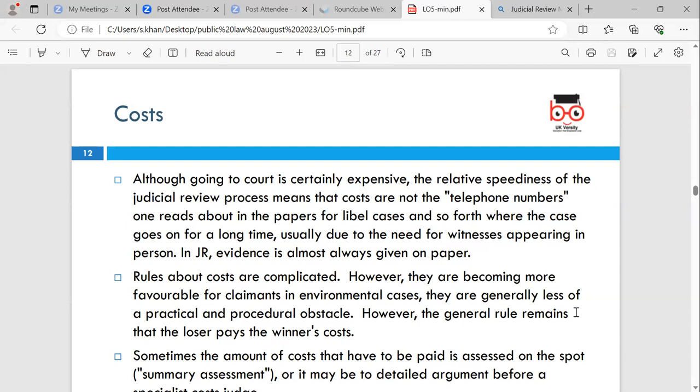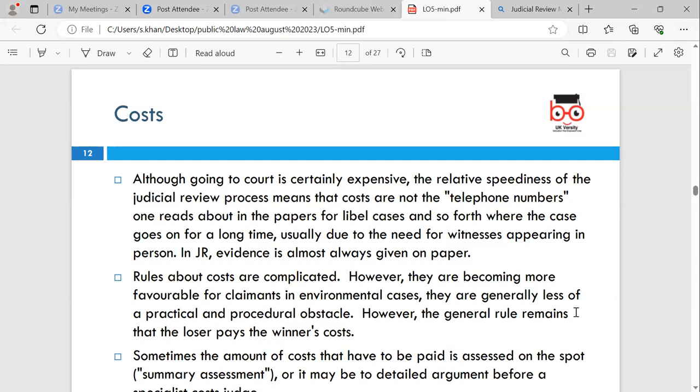They are becoming more favourable for claimants in environmental cases that are generally less of a practical and procedural obstacle. However, the general rule remains that the loser pays the winner's costs. But usually one can obtain protection from the risk of paying opponents' costs beyond a specific level.